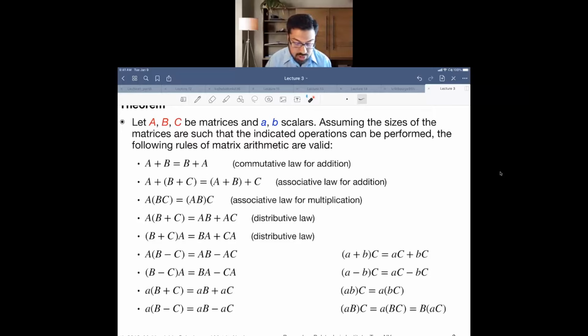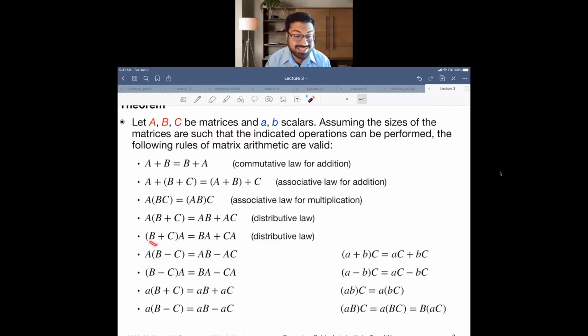Next, distributive law. Can you distribute matrices if you have B plus C? You're doing the matrix addition first and then multiplying with A times that result. The distributive law says that is going to be equal to the matrix multiplication of AB, the matrix multiplication of AC, and then adding those two. And then the order you can also swap.